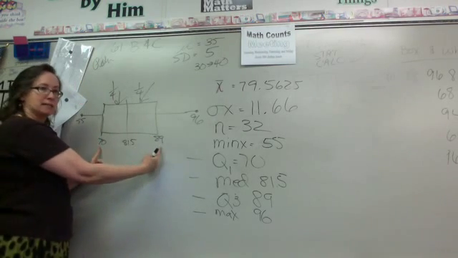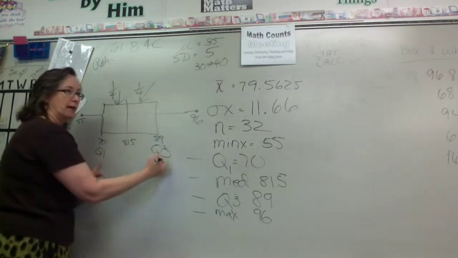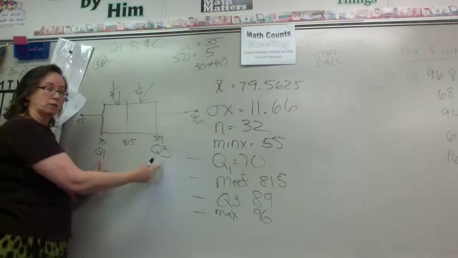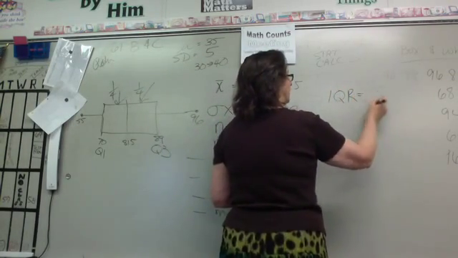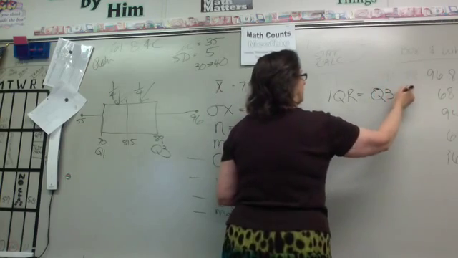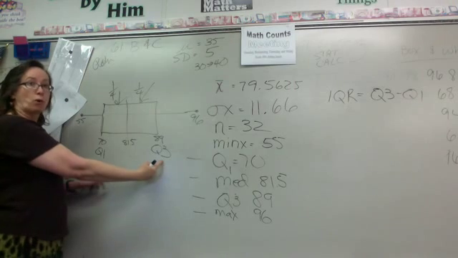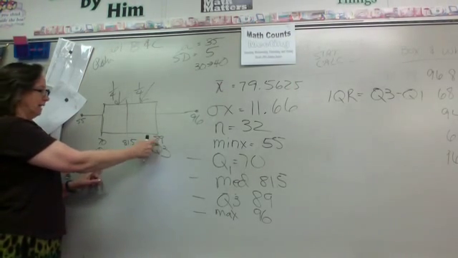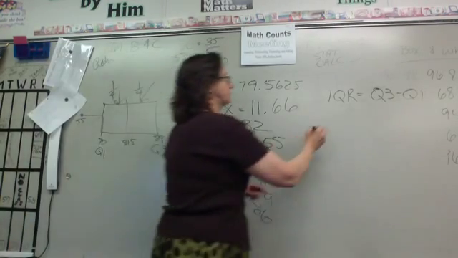The distance between quartile 1 and quartile 3 is called your interquartile range. The interquartile range is Q3 minus Q1. So what is our interquartile range? 19, right? 89 minus 70 is 19 points.